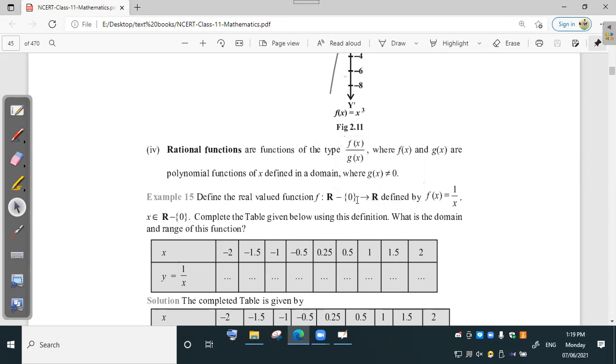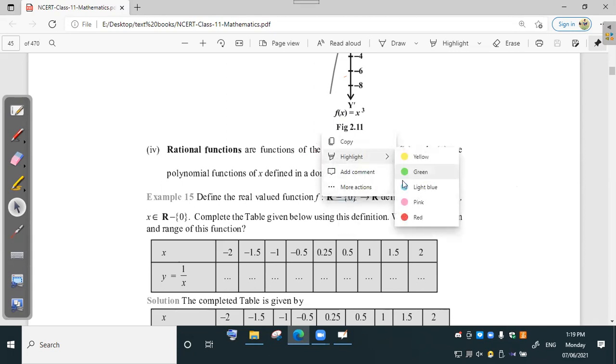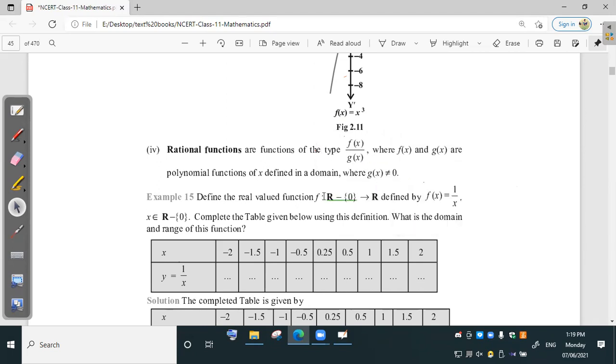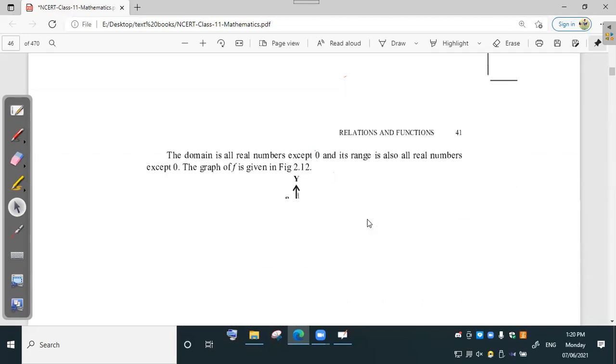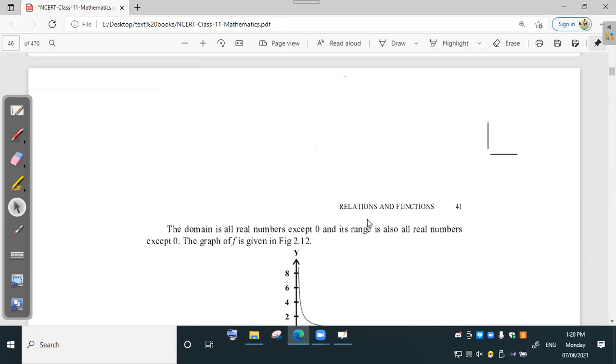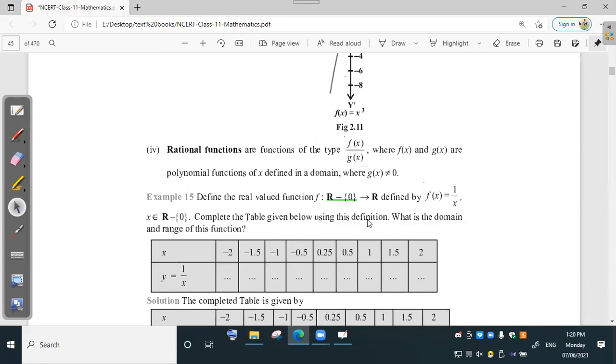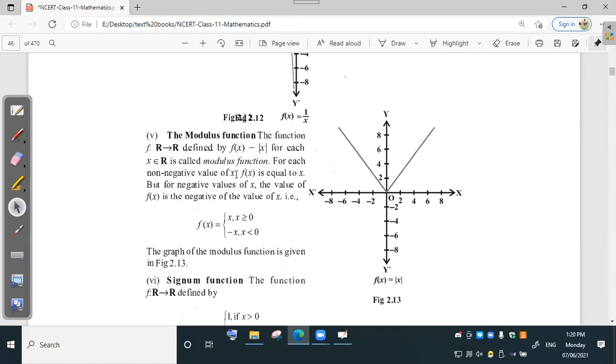You can see this point is excluded, because if you put 0, it will become infinity. So that's why the domain will have all real numbers except 0. Then they have shown the graph of 1 by x is like this. You will get the graph.